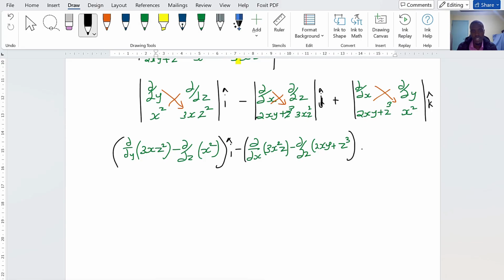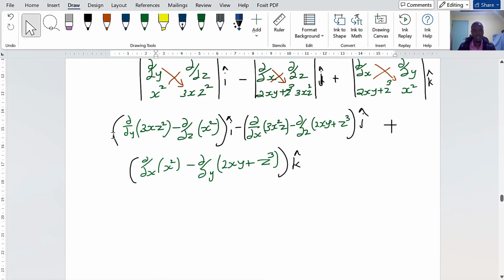Okay, I will close and then say that is j. Now plus, let me have my k here because of space. Now k will be d/dx into x squared, then minus d/dy into 2xy plus z cubed. Close your bracket, and that is k.